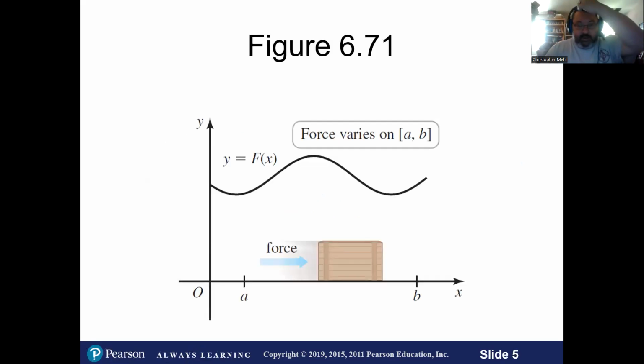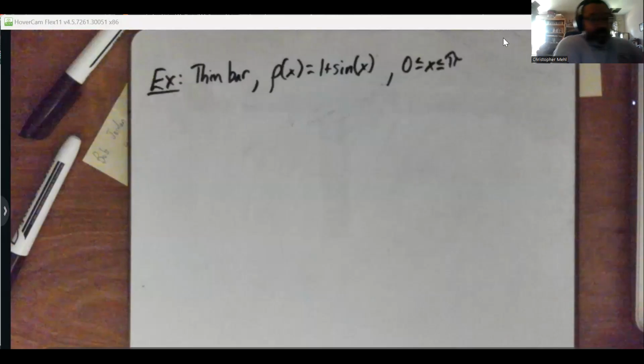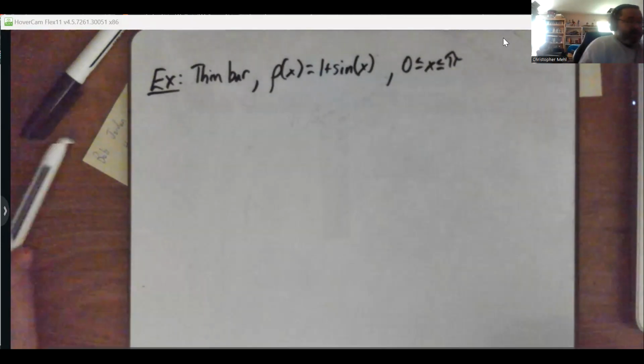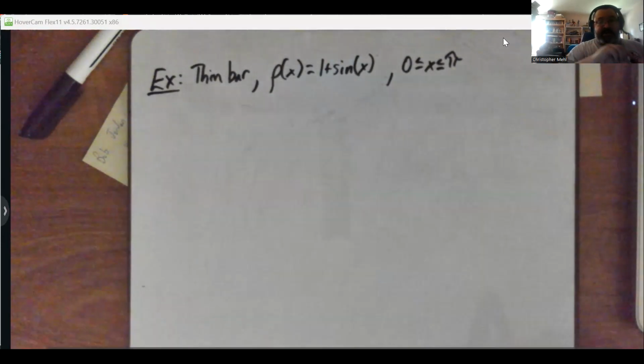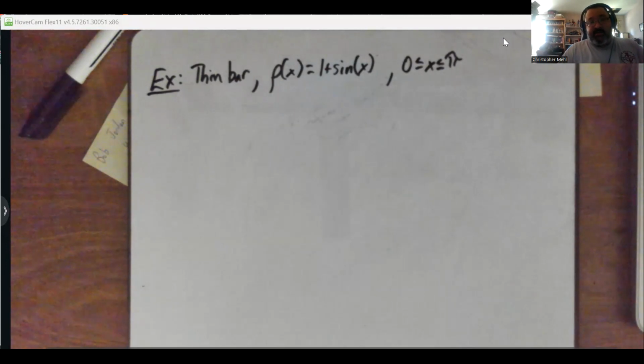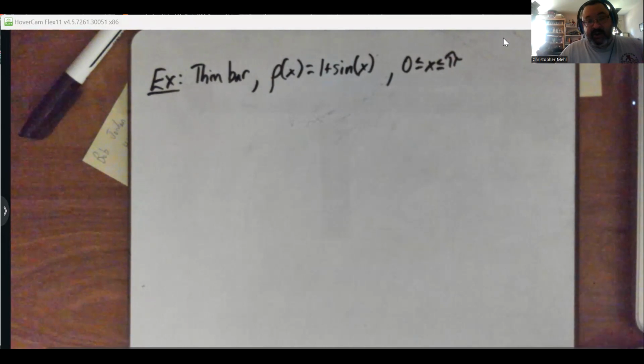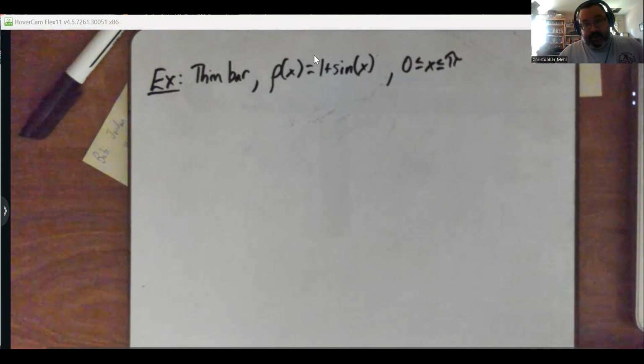Let's look at a simple example. We're going to imagine we have a thin bar, and the density of this bar varies along the length from x equals 0 to x equals pi, with the density function rho of x equals 1 plus sine of x.